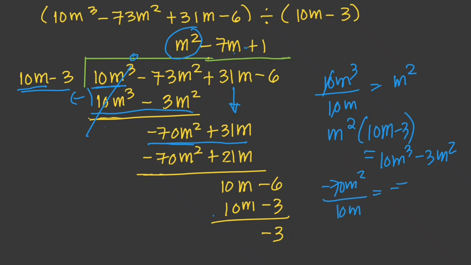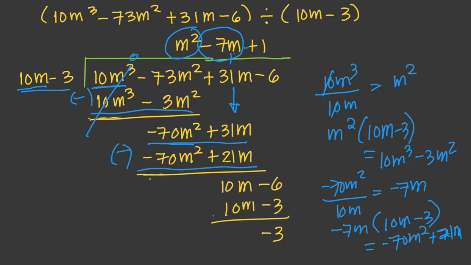That would be negative 7m. So we write negative 7m here in line with 31m. Then negative 7m multiplied by 10m minus 3 would be negative 70m squared plus 21m.